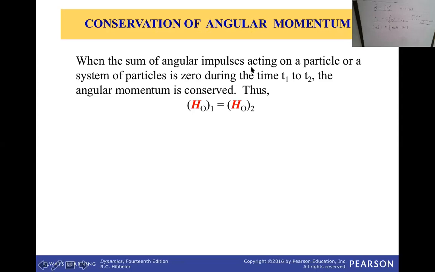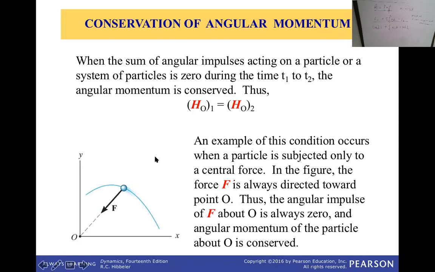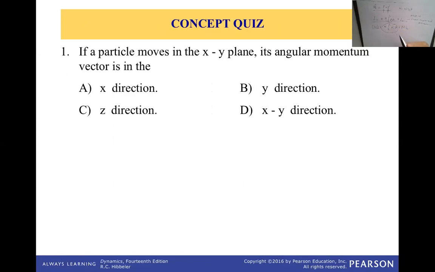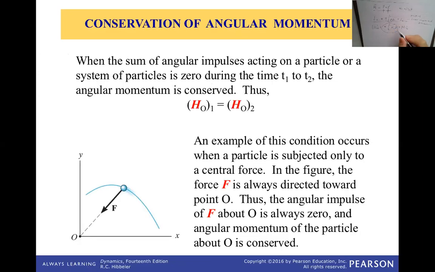In the case where this term becomes 0, you simply have HO1 equal to HO2. That means the initial angular momentum is equal to the final angular momentum, and if that happens, we have conservation of angular momentum.